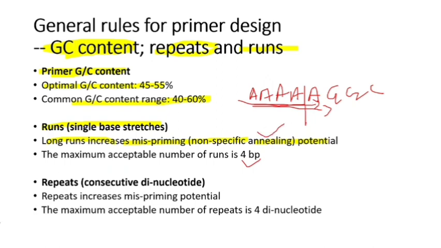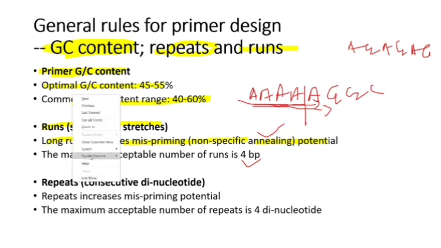And then we come to repeats. Dinucleotide repeats, like AG, if they come in your primer, increase mispriming or non-specific annealing.